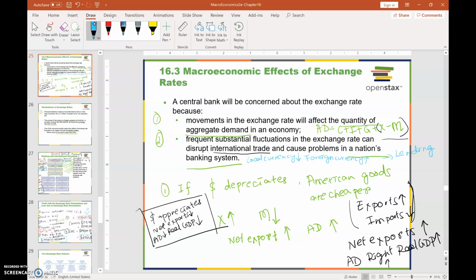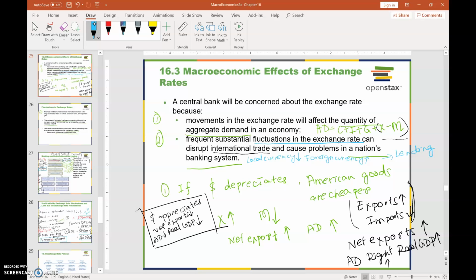And this happened because the local currency depreciated in value, and this fluctuation in exchange rate will cause problems in a country's banking system.